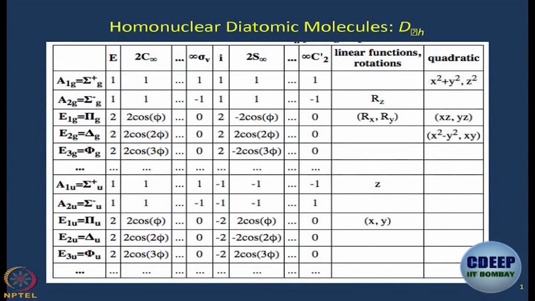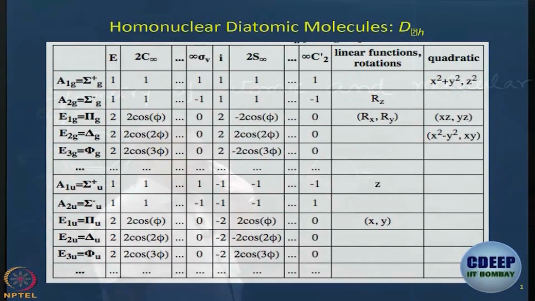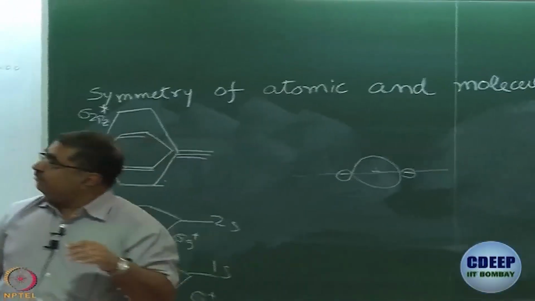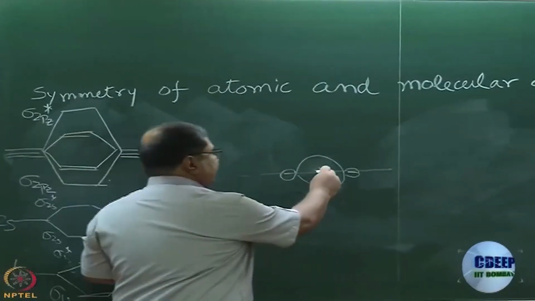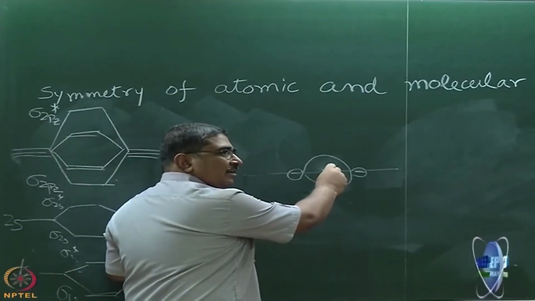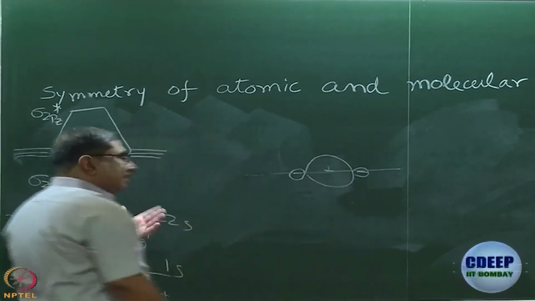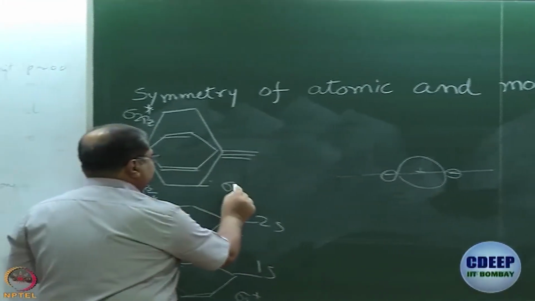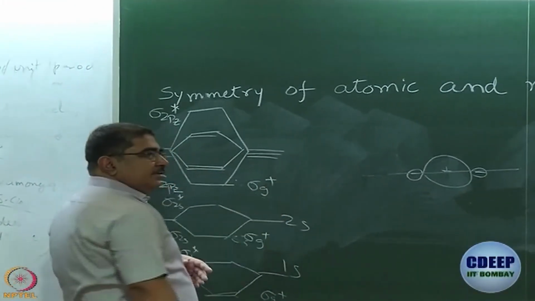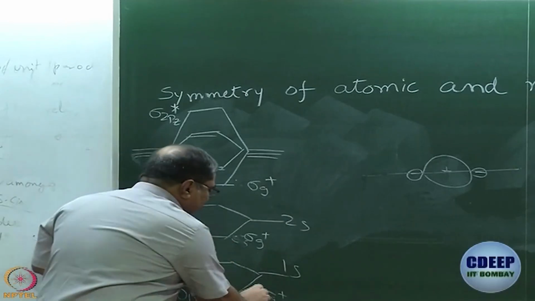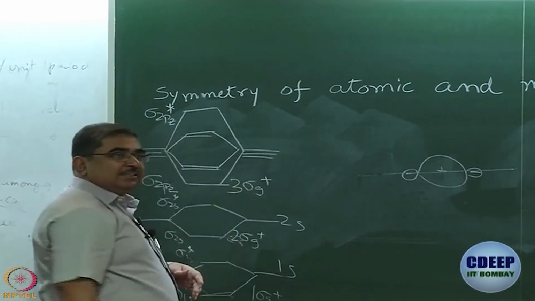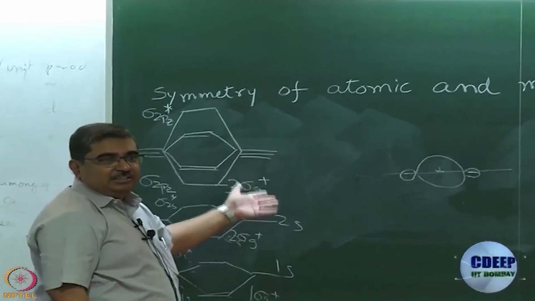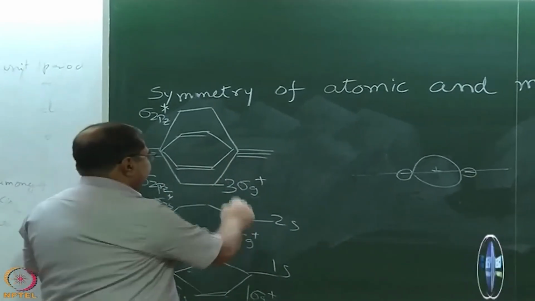S infinity means you turn by this and reflect with respect to this. What is the character? 1. And finally, C2. This is C2. What is the character? 1, right. So, even this is sigma g plus. So, what I can do is I can write this as 1 sigma g plus, 2 sigma g plus, 3 sigma g plus. Different books use different notations. You can use whatever is convenient for us.